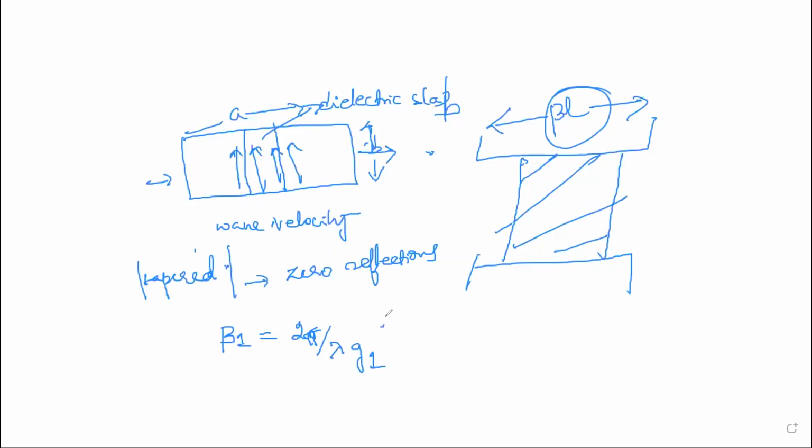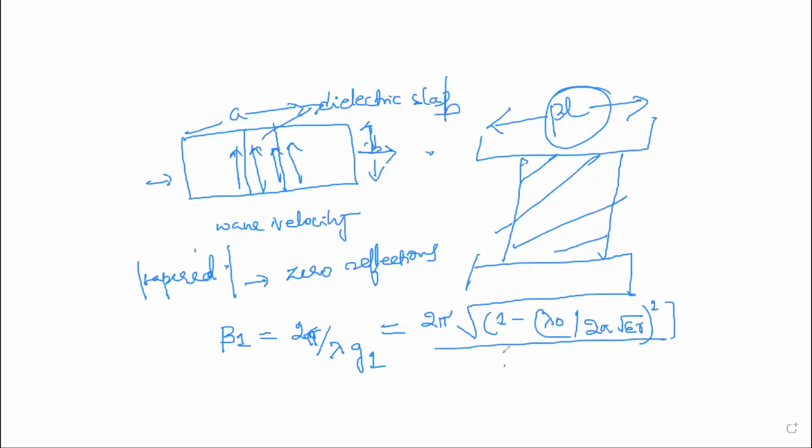Since we are taking port 1 with the guided wave, lambda g is the guided wavelength, so beta 1 is 2 pi by lambda g, which is also given by 2 pi square root of 1 minus (lambda naught divided by 2a square root of epsilon r) whole squared, divided by lambda naught square root of epsilon r. So this is the equation for beta 1 with respect to port 1.